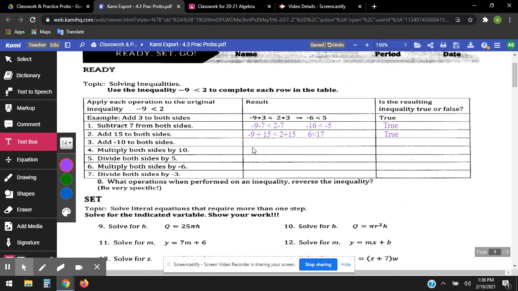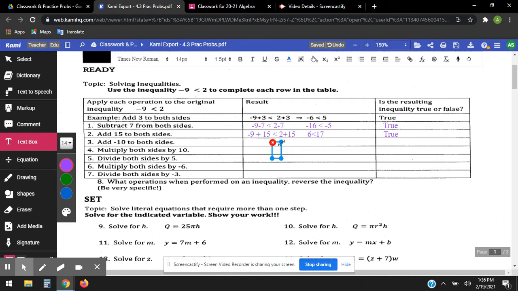Okay, so far we're working out with these. All right, so this next one, add a -10 to both sides. So -9 plus -10, is that less than 2 plus -10?